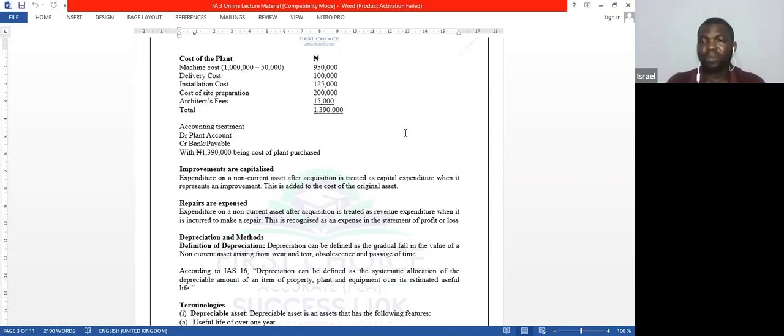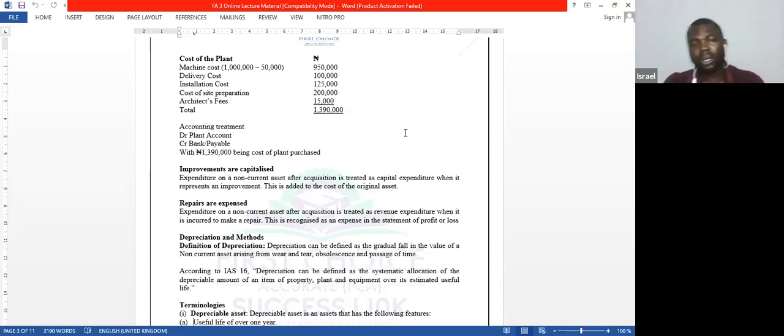Because there are some people that capitalize motor vehicle expenses. So it's subject to the policy of the company, what the management sees fit for their own operation. So please, you need to know what to capitalize and what to expense.